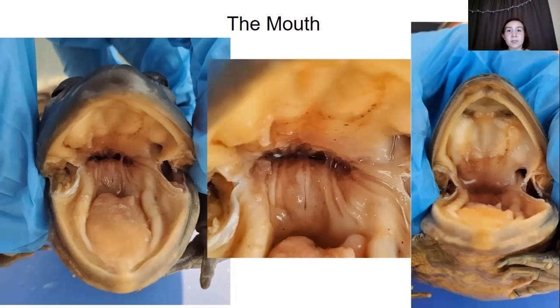And then they also have a second set of teeth, but this set is used differently. They're found right here, and they're called vomerine teeth. Their function is to hold on to the food so that it can't move and it can't leave. So once a frog catches you, that's it, you're stuck.